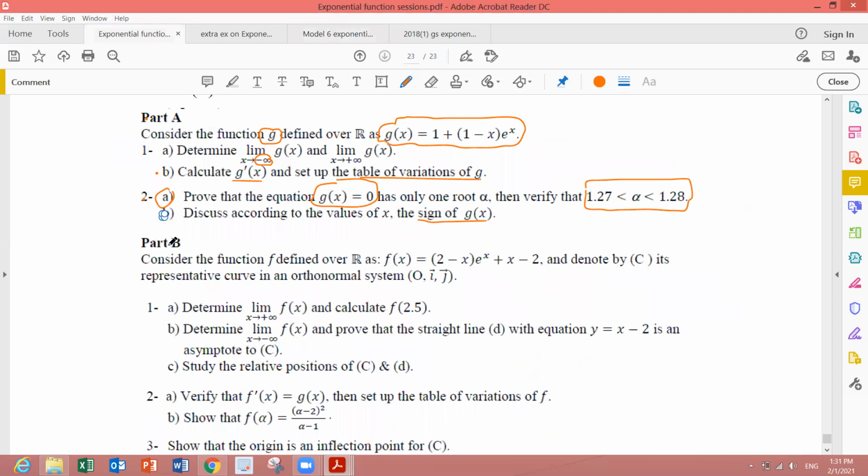Part B. We have the function f defined on R by f(x) equals (2 minus x) e to the x plus x minus 2, and C is its representative curve. We need to calculate the limit as x tends to plus infinity and the particular point f of 2.5.